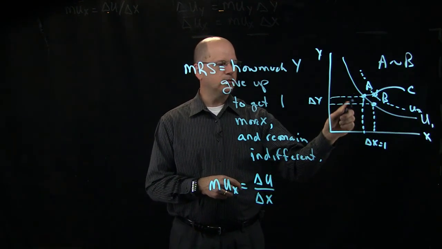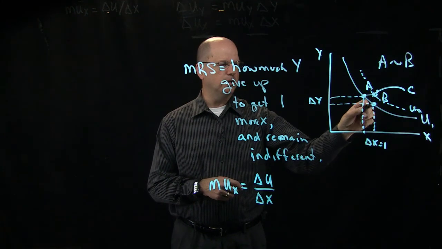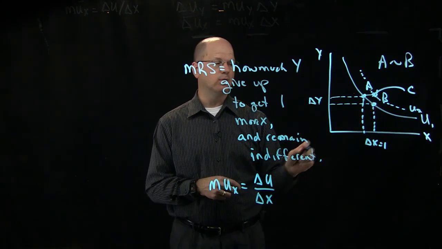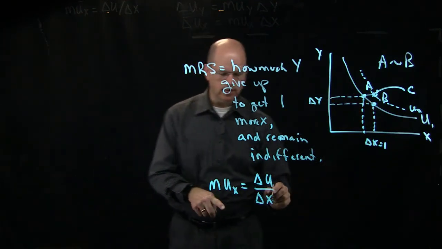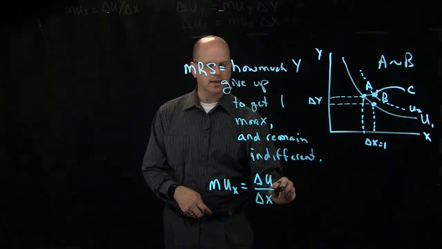Well, what must be true then about the marginal utility of good X and the marginal utility of good Y when we move from A to B? So let's draw those out. We have the marginal utility of good X looks like this.